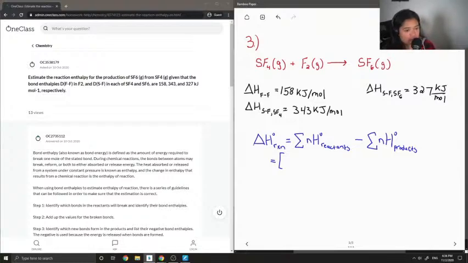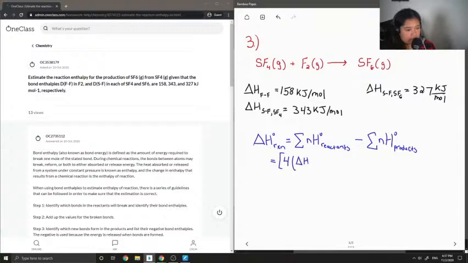So for the first reactant, the sulfur tetrafluoride, the enthalpy value that's given is related to only one bond. But since we have 4 SF bonds in the sulfur tetrafluoride molecule, I'm going to multiply that value by 4.